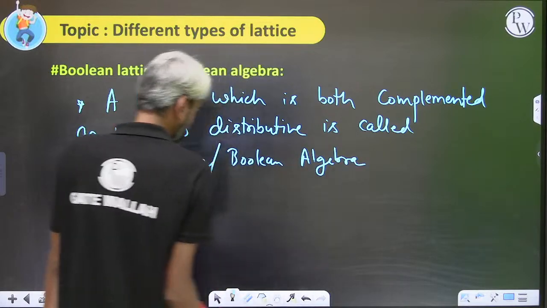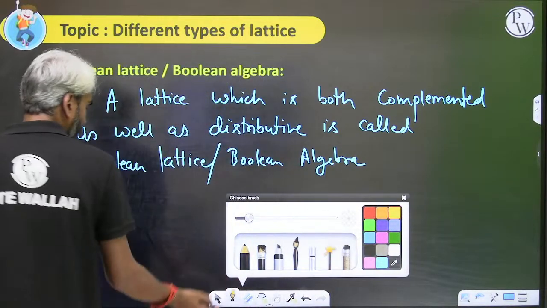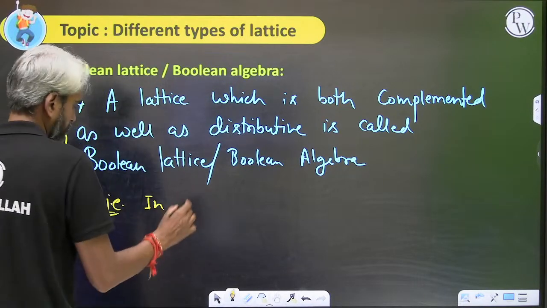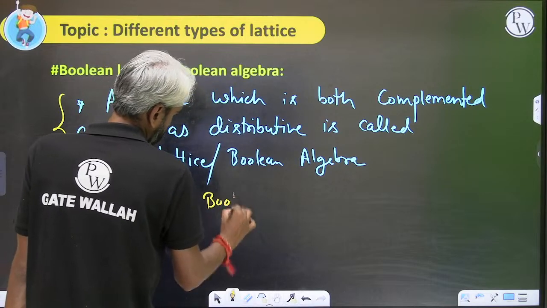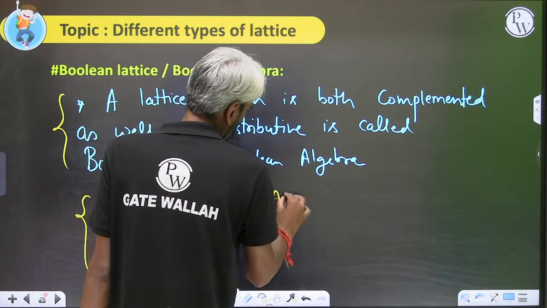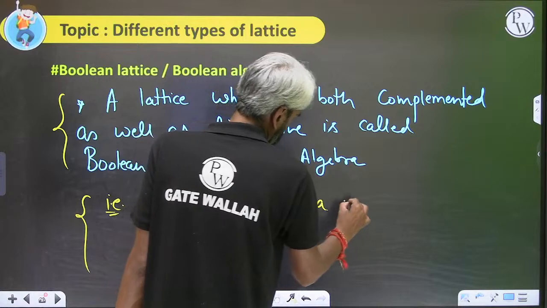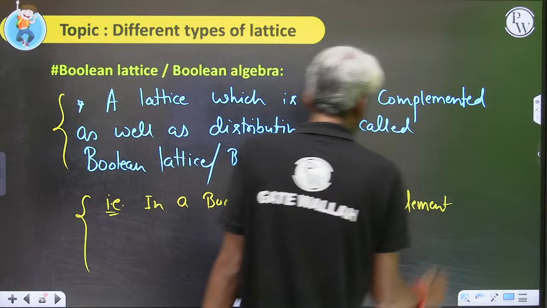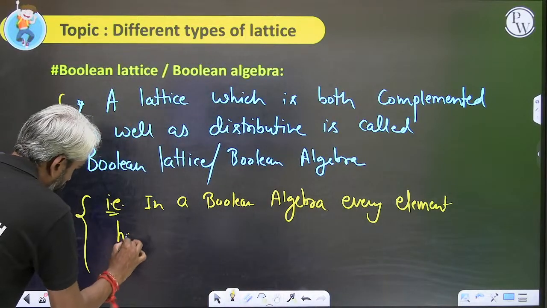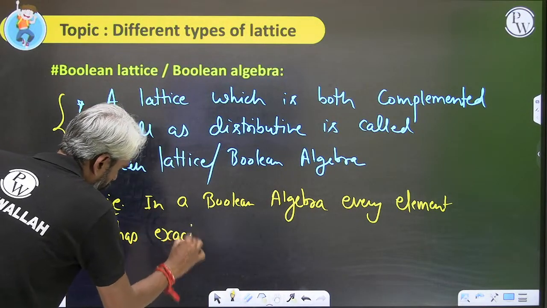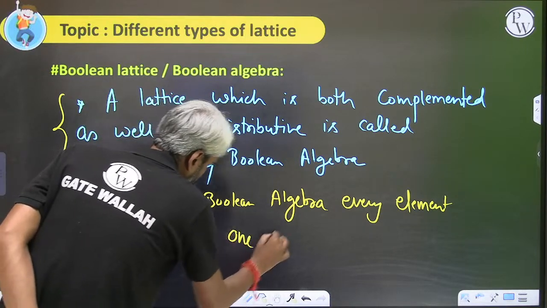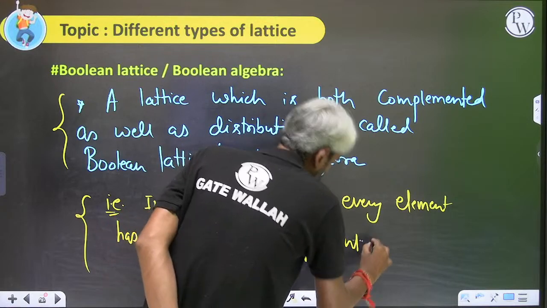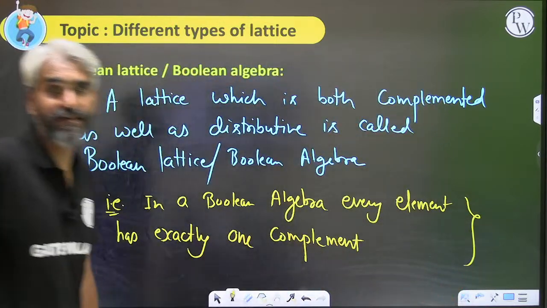What can we say? In a Boolean algebra, every element has exactly one complement.